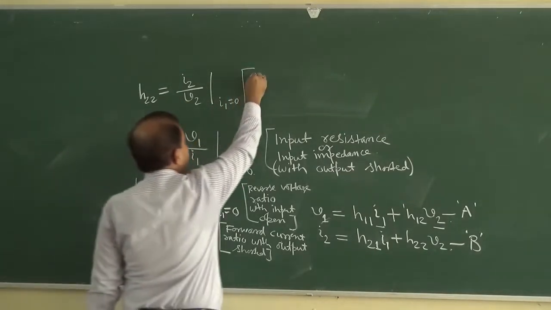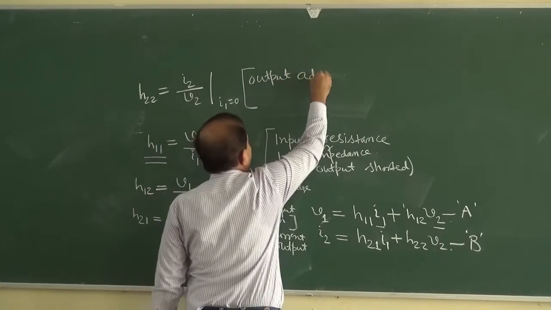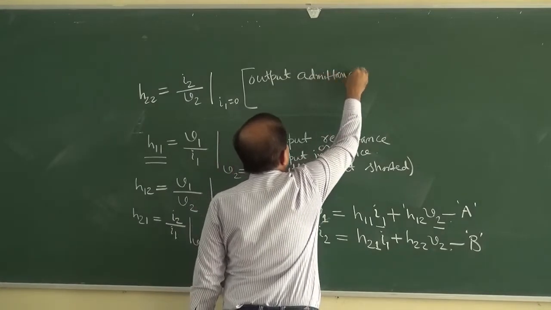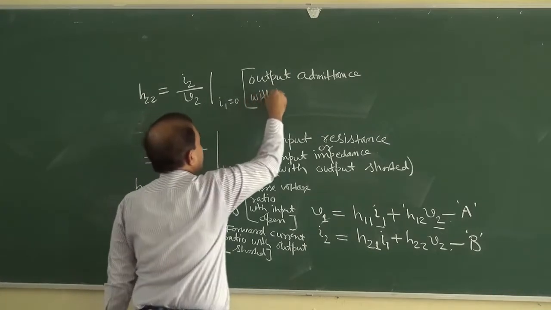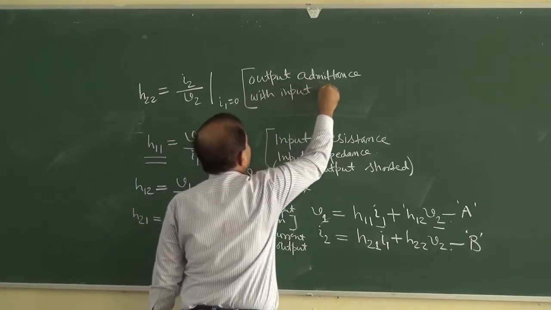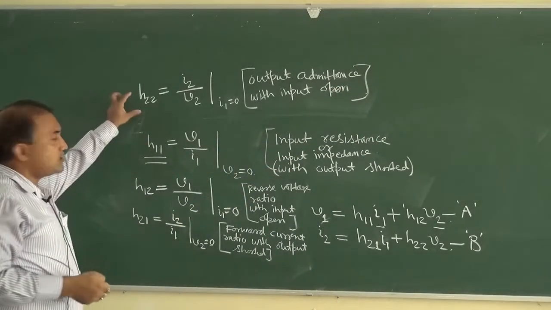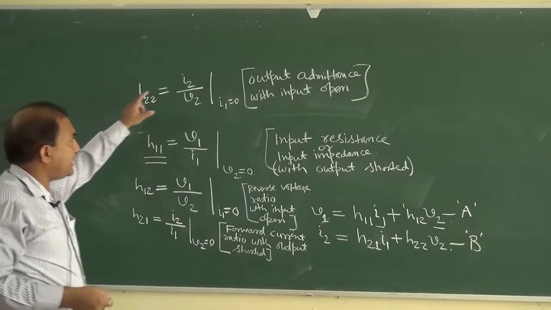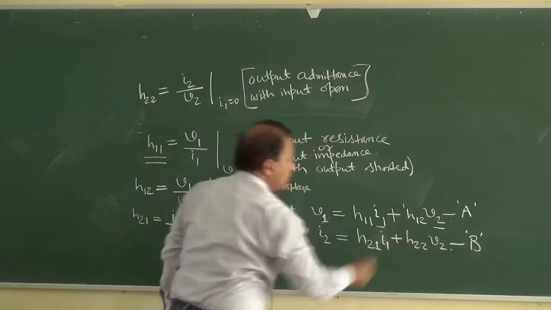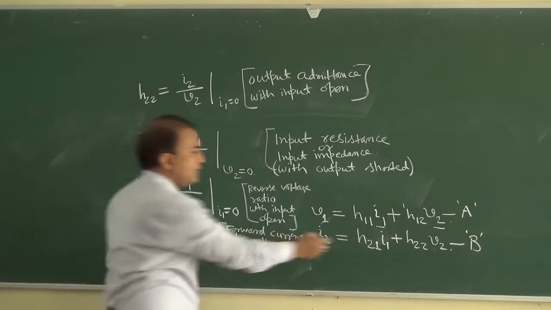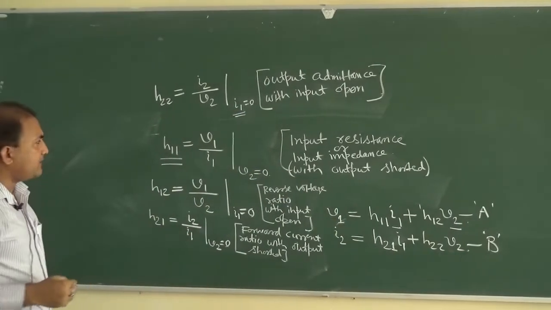So this is output admittance or output conductance with input open. So H22 is equal to I2 divided by V2 when I1 is equal to 0. So with input open. Okay.